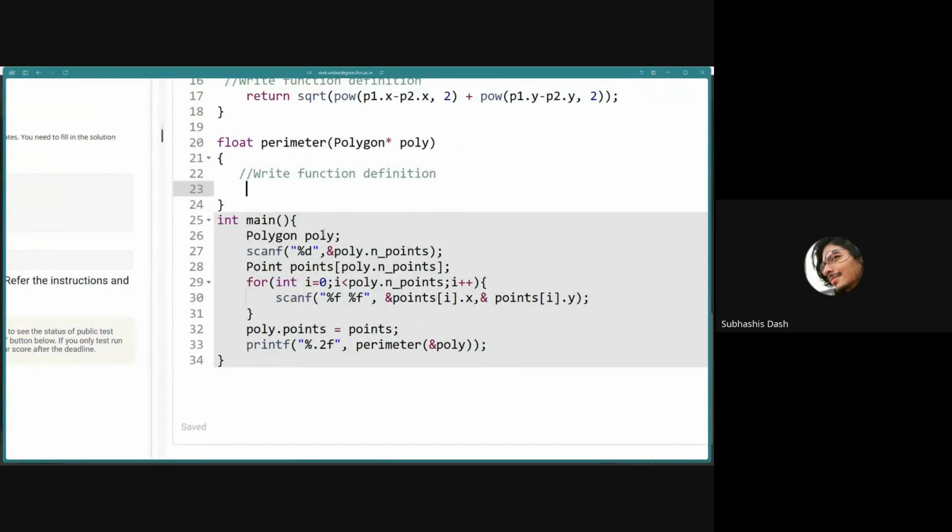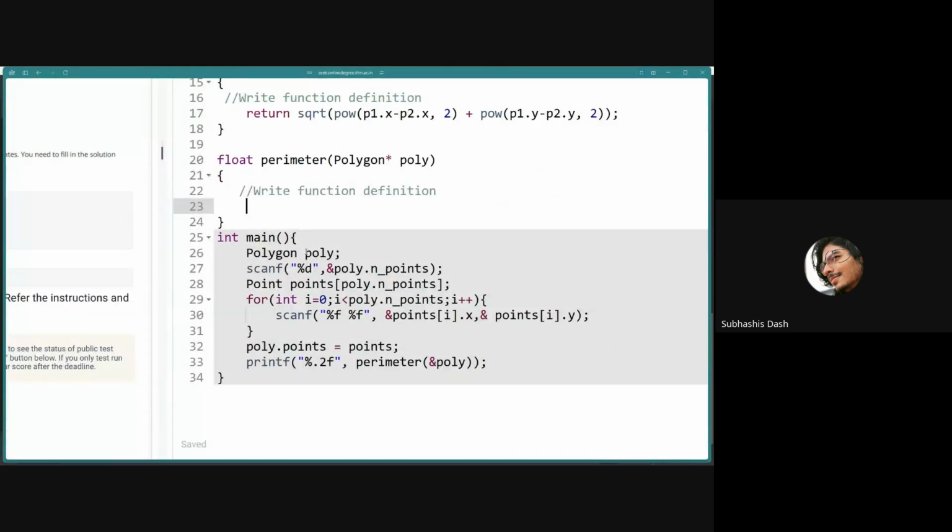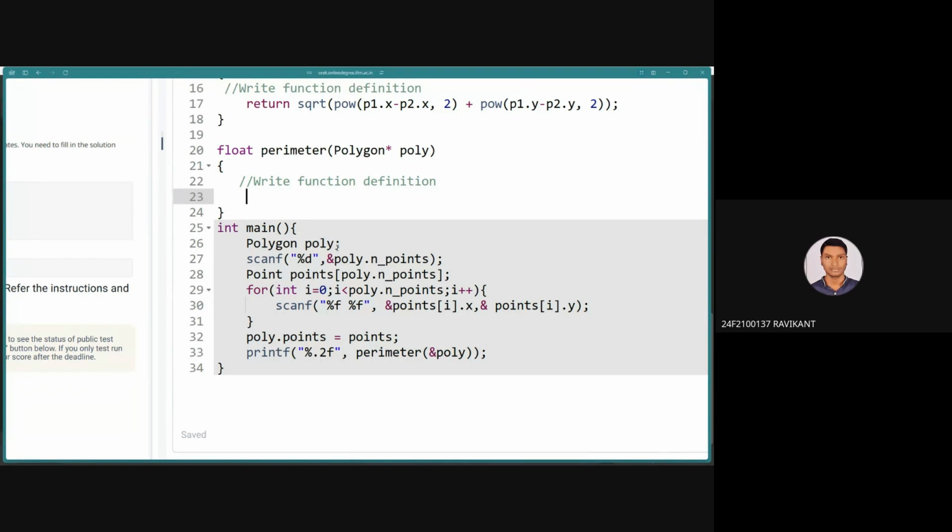We see polygon poly, so we are initializing a polygon data type as poly, and poly is the variable. After that we have a percentage d and poly dot endpoints, so we are seeing how many points are present in the polygon. After that, we are creating an array of the point data type with n elements.